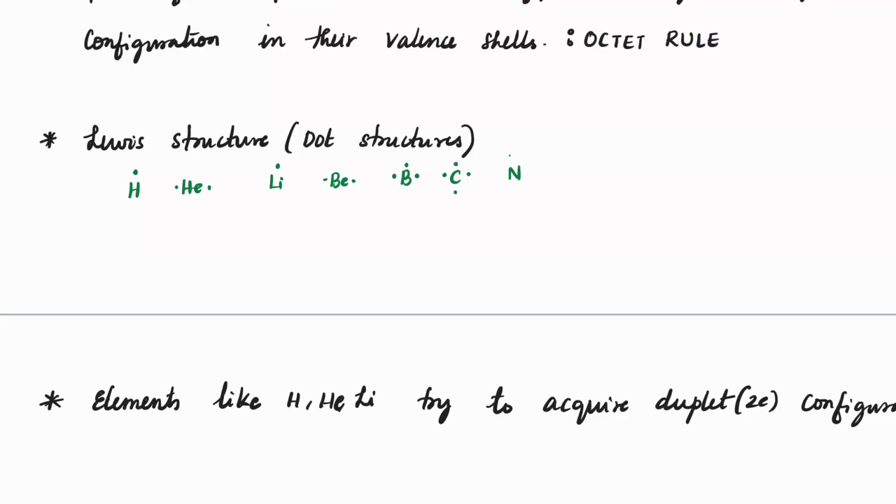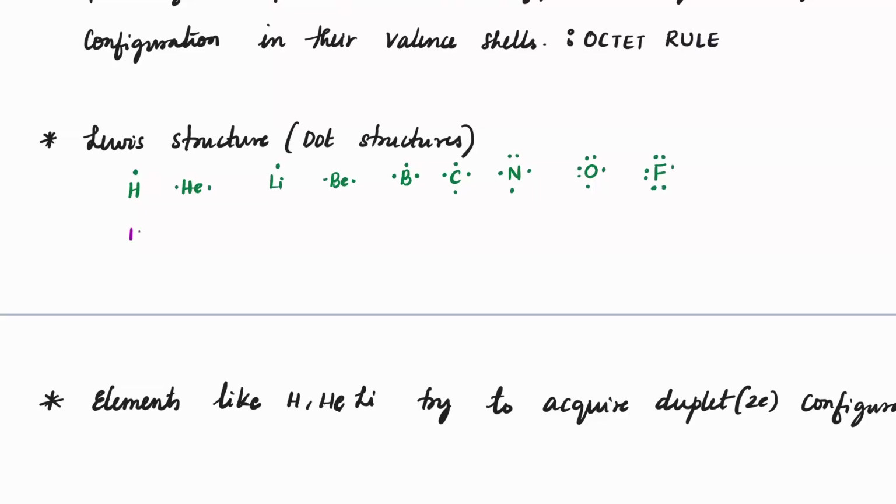Now, to showcase the five electrons, this time I'll show it with a pair on one end. Similarly, oxygen has two pairs and two unpaired electrons. Fluorine has three pairs and one unpaired electron. Which pretty much matches their outermost configuration also.